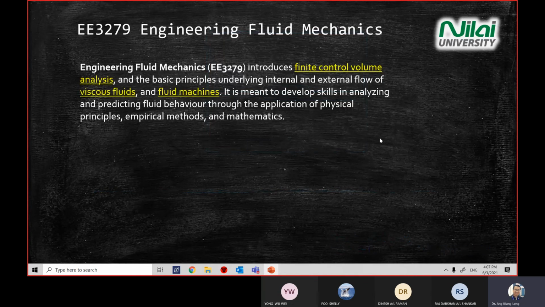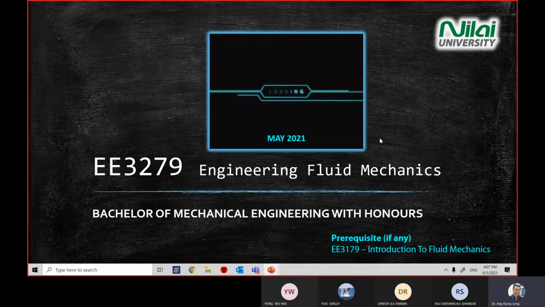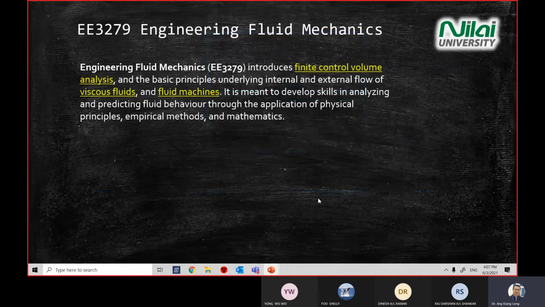So what does 3279 do? It is an upgrade of the previous one, 3179. We look into a few more chapters linked to 3179. Throughout this semester, we will look at some keywords. The first keyword is finite control volume analysis.